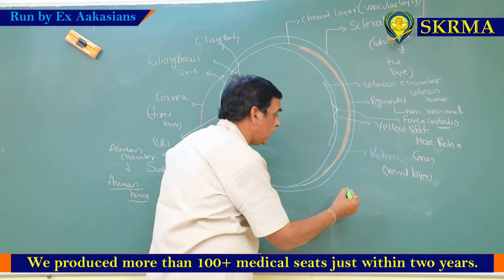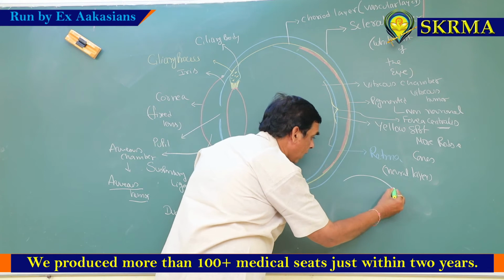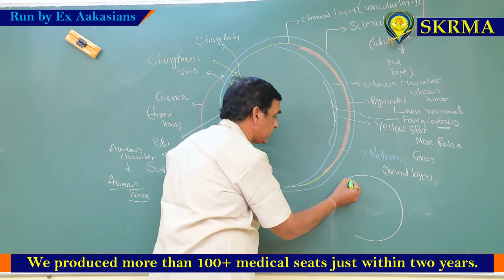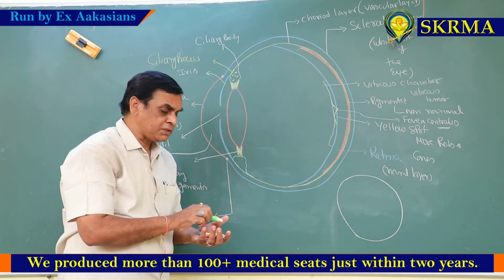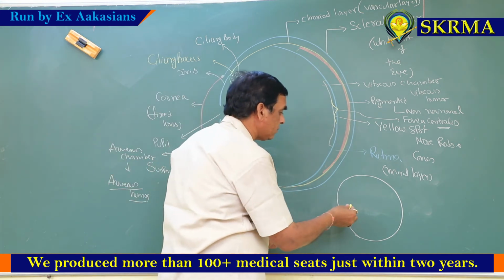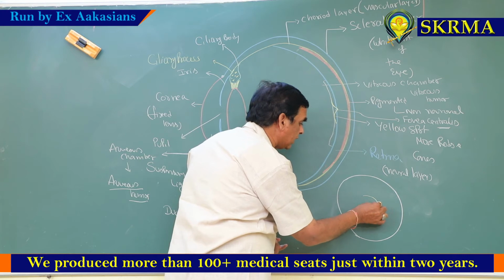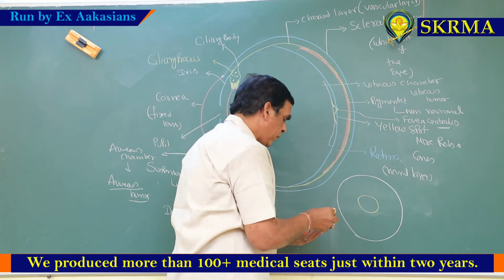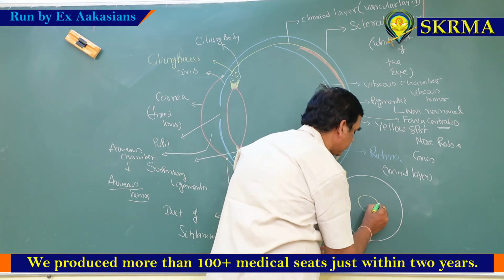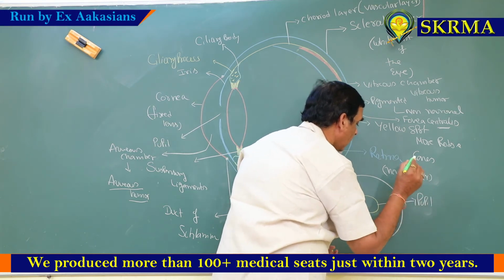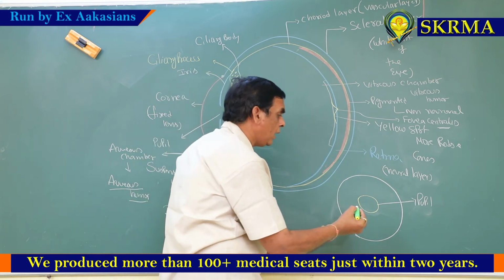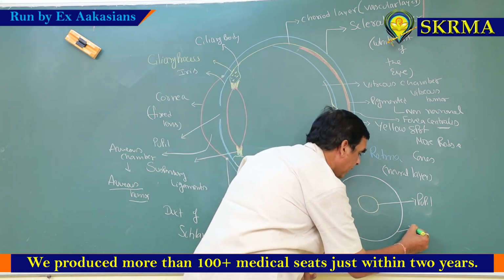Now I am drawing the iris structure like this. This is the iris. At the center, an opening called the pupil is present. The outer part is the iris.